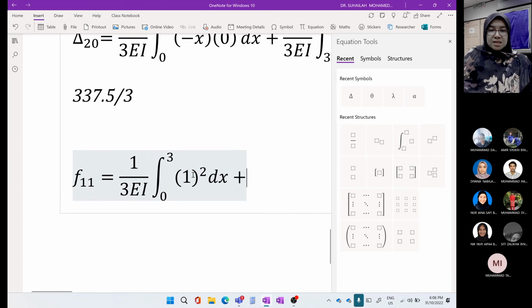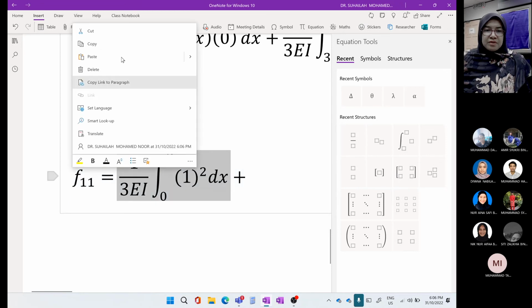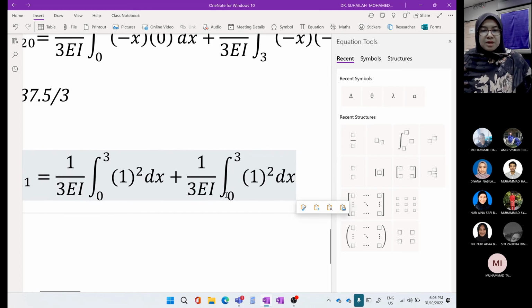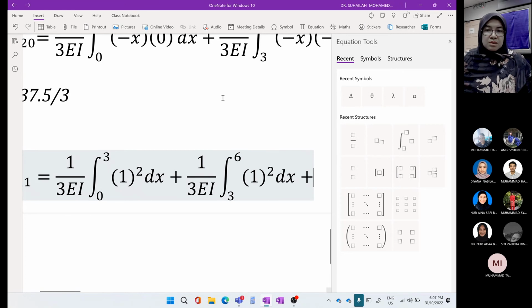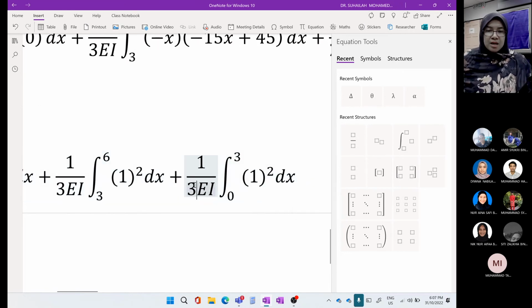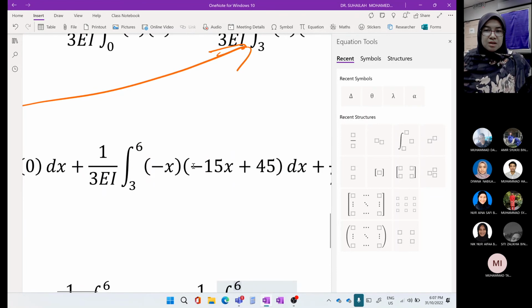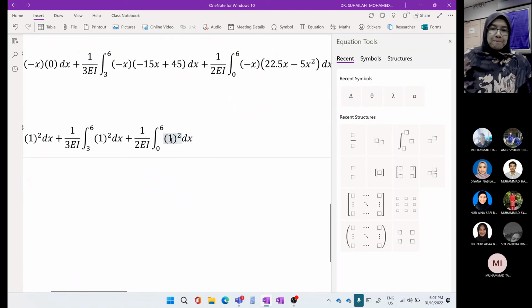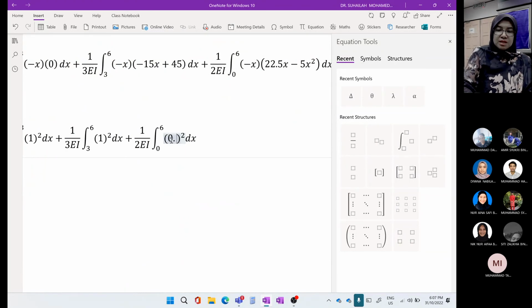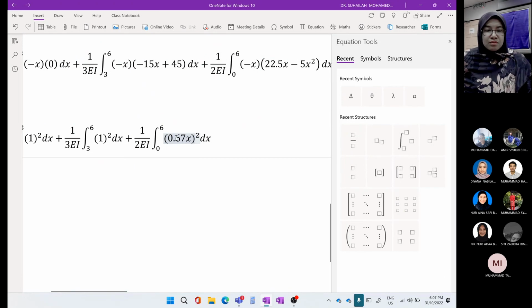Plus, limit different, this is 3 to 6. Okay, 1 over 2 EI, 0 to 6. 1 juga. 0.167x, kan? 0.167x.